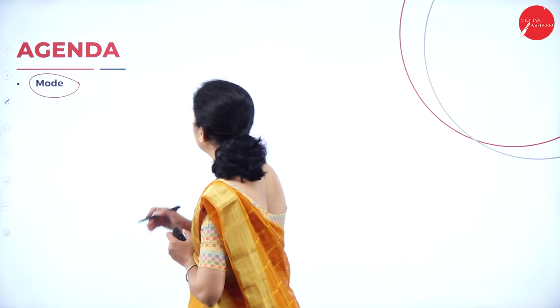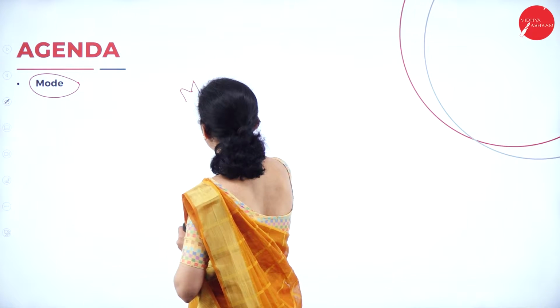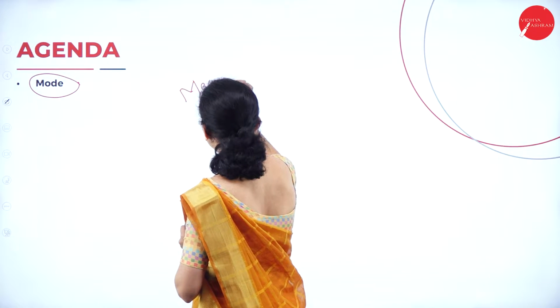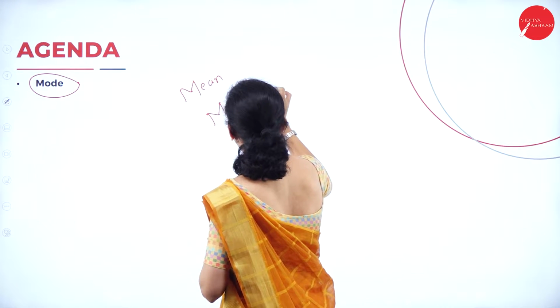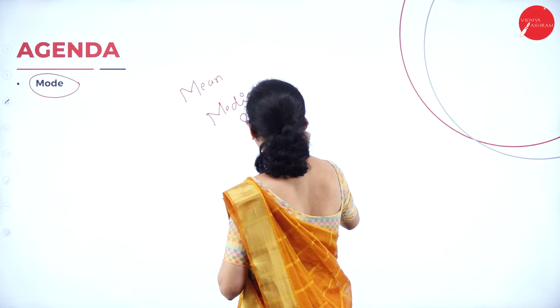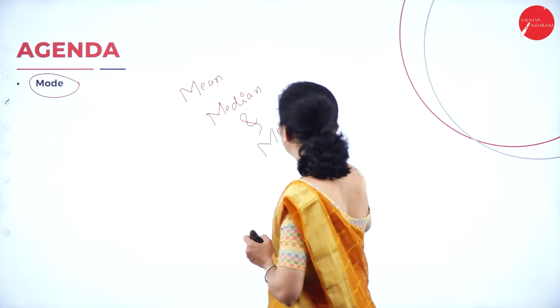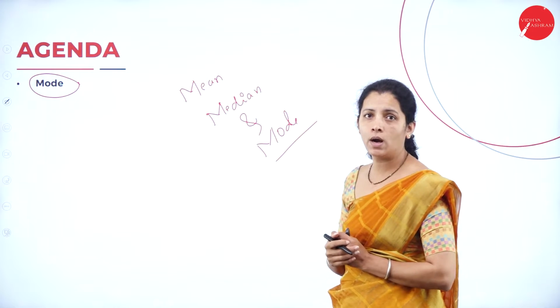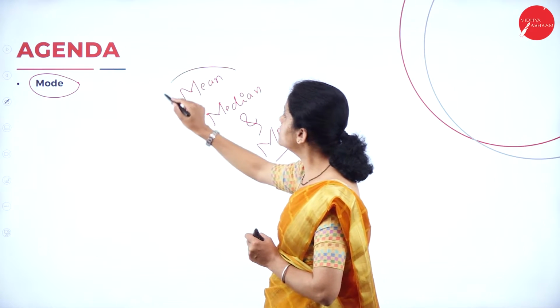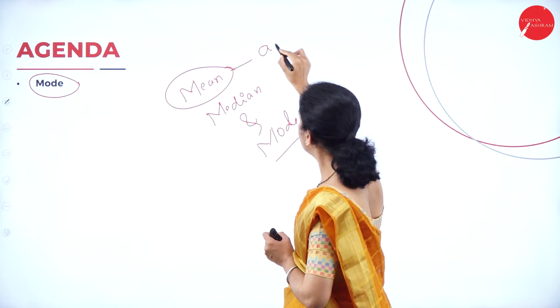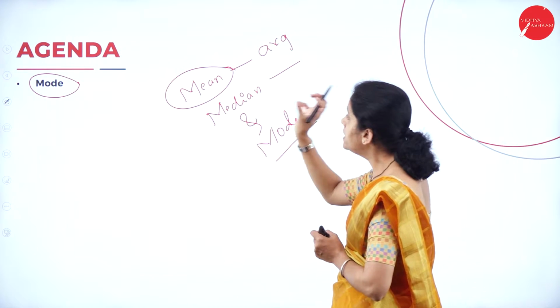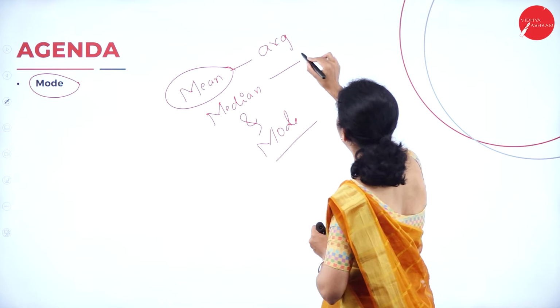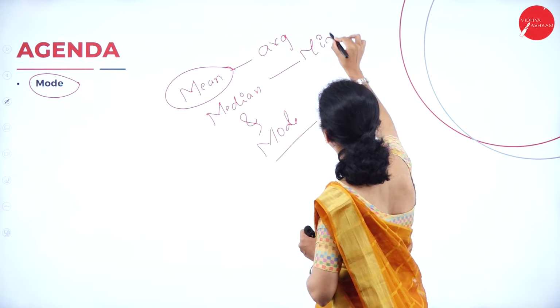So, dear students, what is the relationship between mean, median, and mode? Just remember one thing: mean is used to find the average. Median is to find the mid value.